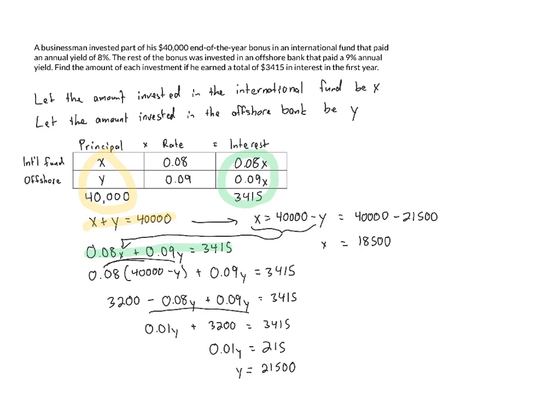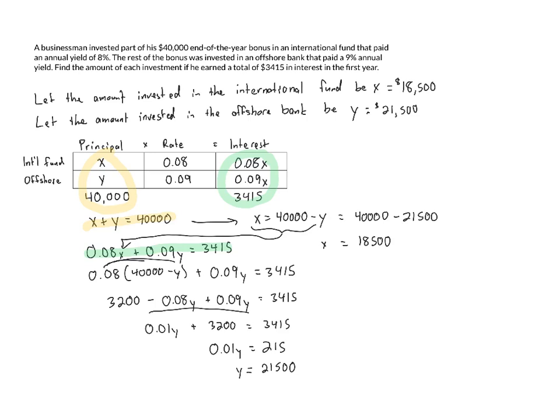So we know that x is 18,500. We can circle back to our let statements and plug those in. We've got 18,500, and that's dollars. And for y, that's going to be $21,500. And our last step is to state our conclusion.